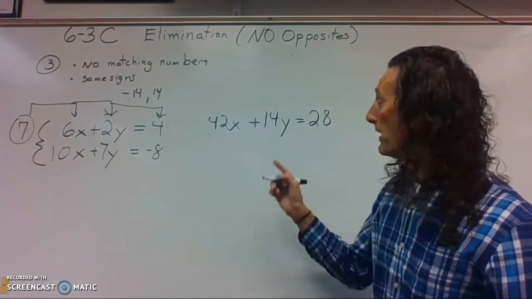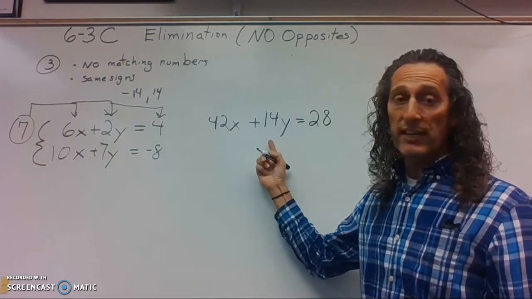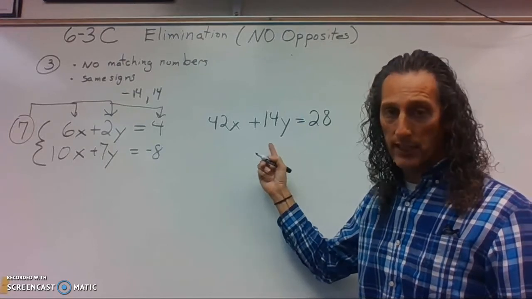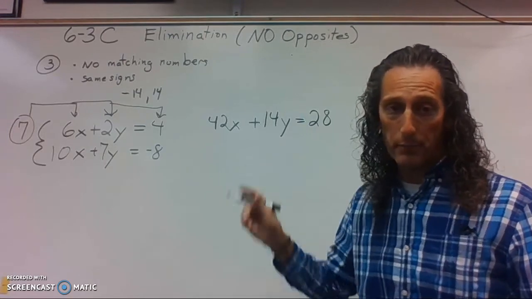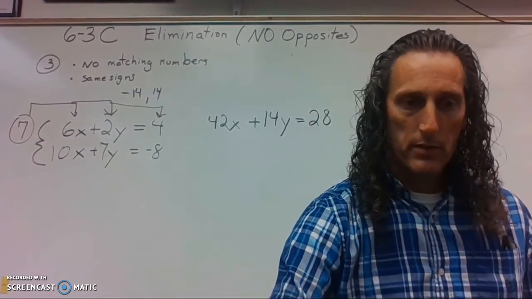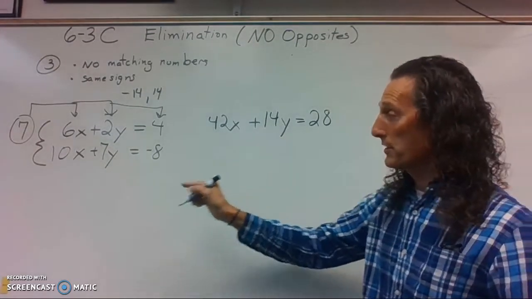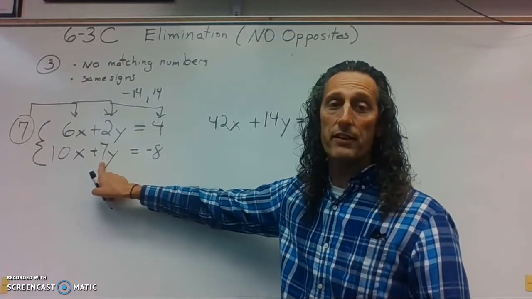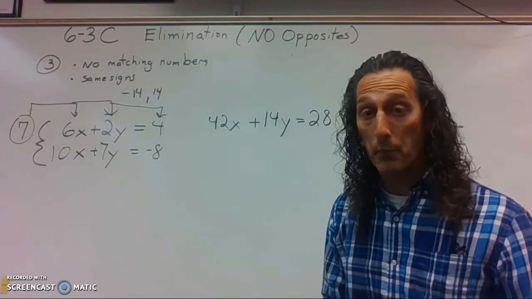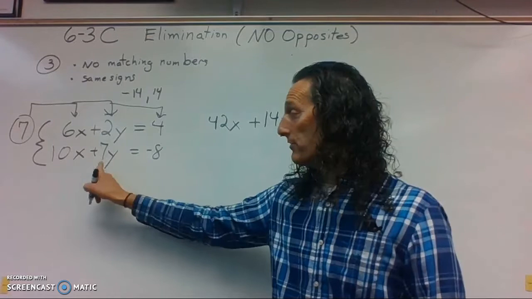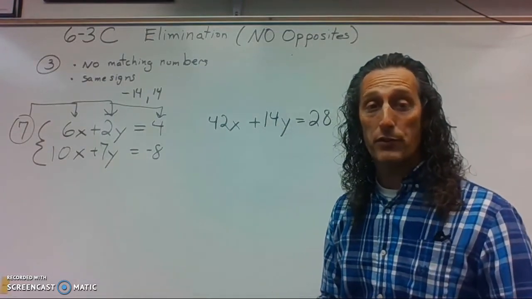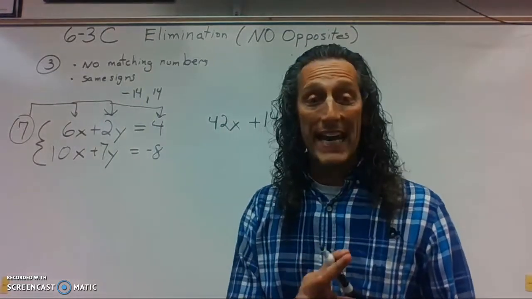Now, remember, now I need a negative 14 on the bottom. All right, so to get that negative 14, I have to times this 7 by a negative number, right? Because a negative times a positive will make a negative. So I'm going to use a negative 2.